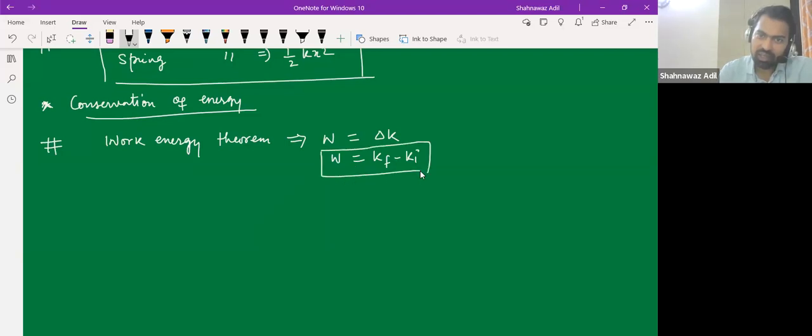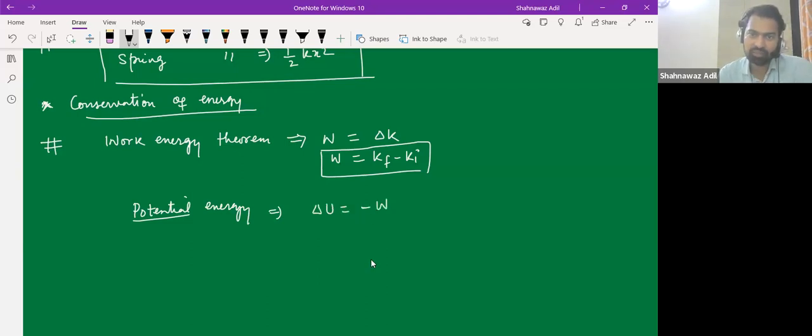Okay. And similarly, just now from the potential energy, we saw that this potential energy change is negative of work done, right? So this is negative of delta K, right?